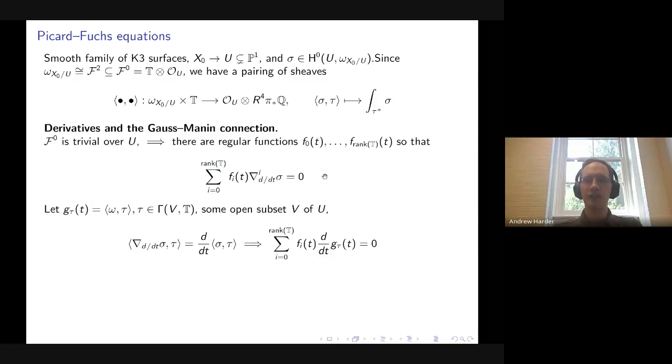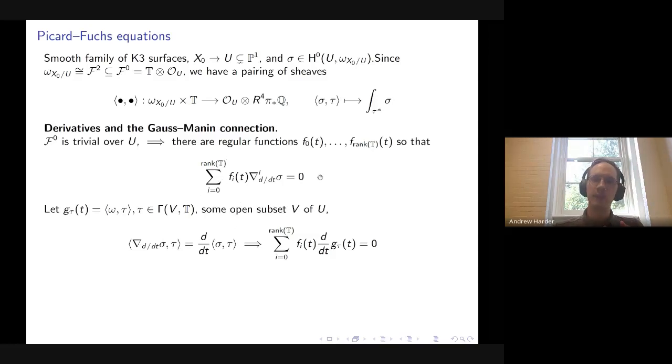Then I translate this into a differential equation saying something about derivatives of periods. My periods are these integrals. If I take tau to be a local section of this local system over some open subset, then pairing the Gauss-Manin connection applied to sigma with tau gives the same thing as taking the derivative of the period.